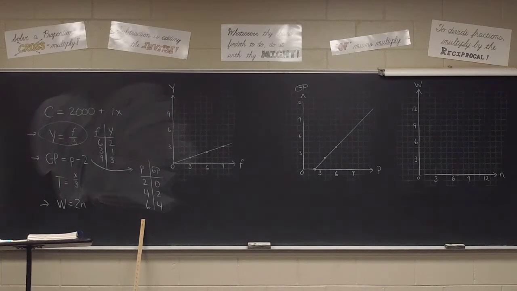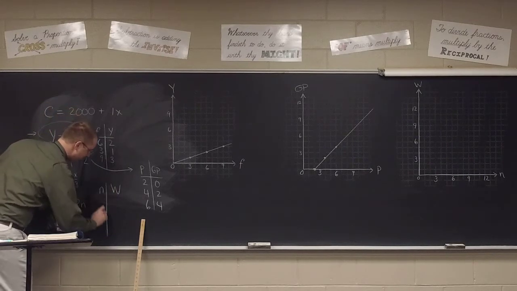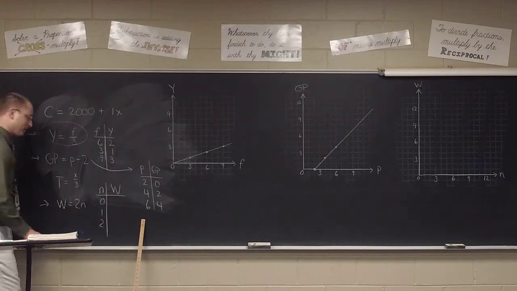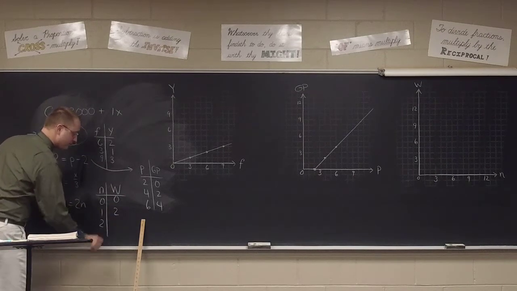All right, so we need to set up, again, not an XY table class, but an NW table. Let's pick some random numbers to plug in for N: 0, 1, and 2. If I plug in a 0, I get 0; plug in a 1, I get 2; plug in a 2, I get 4.